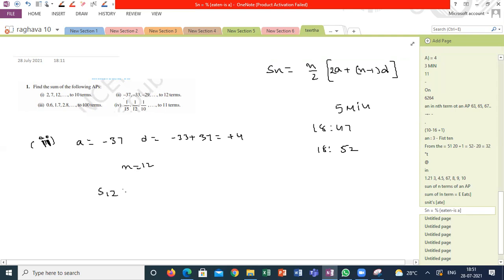So S12 will be equal to 12 by 2 into (2 into minus 37 plus (n minus 1) into d). That is 11 into 4.